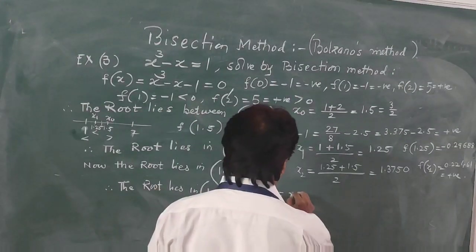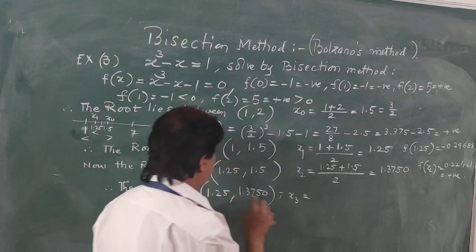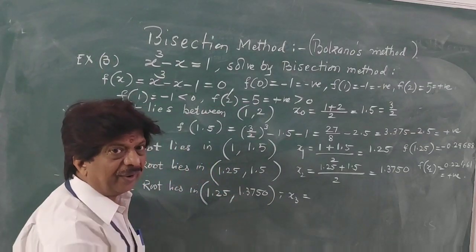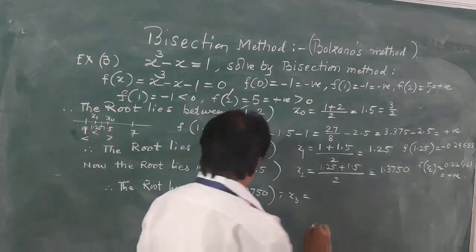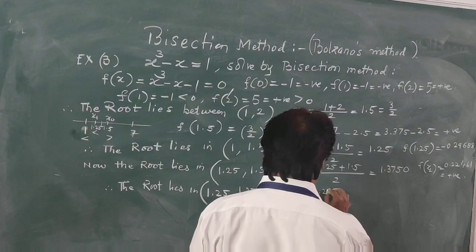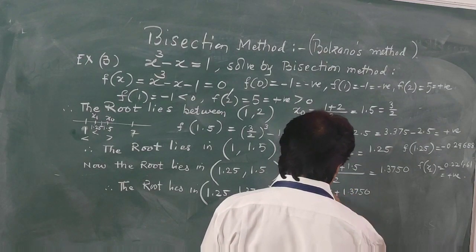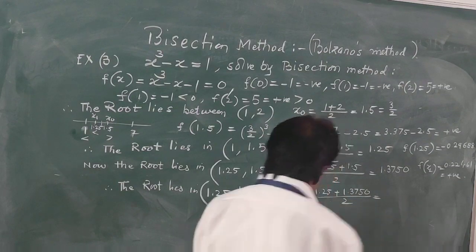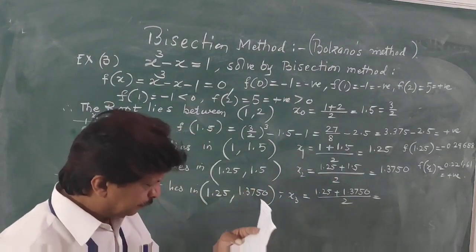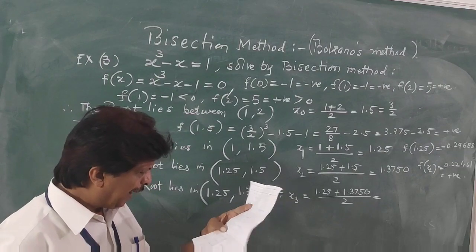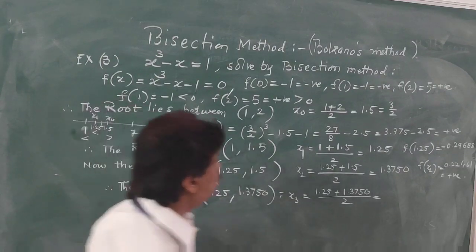Now x3 is the midpoint of this, sum of this divided by 2. 1.25 plus 1.3750 divided by 2. And this comes out as 1.3125.